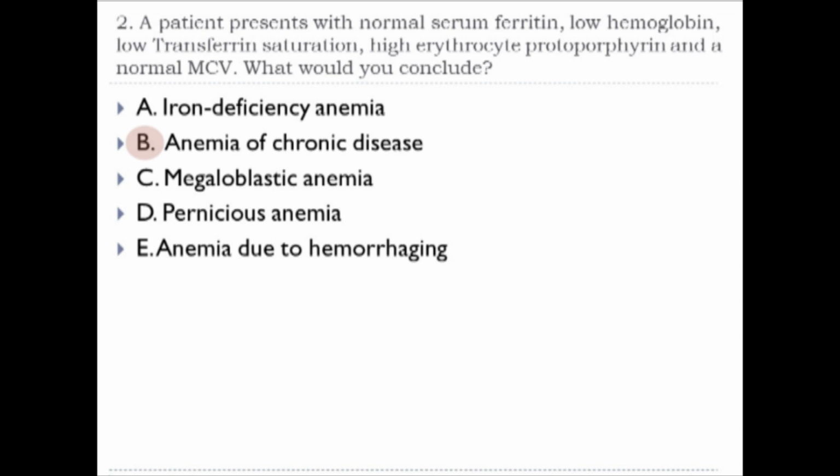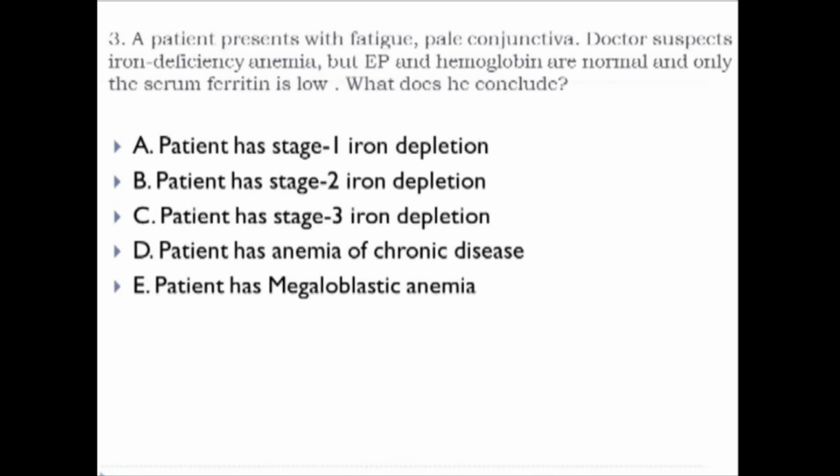Well, certainly hemoglobin is low, transferrin saturation is low, and the erythrocyte protoporphyrin is elevated, and these 3 certainly indicate the possibility of an iron deficiency anemia. However, using the 4-variable model, if we look at the MCV, we see that it's normal, and we see that the ferritin is normal. So under these conditions, we can now conclude that it's anemia of chronic disease.